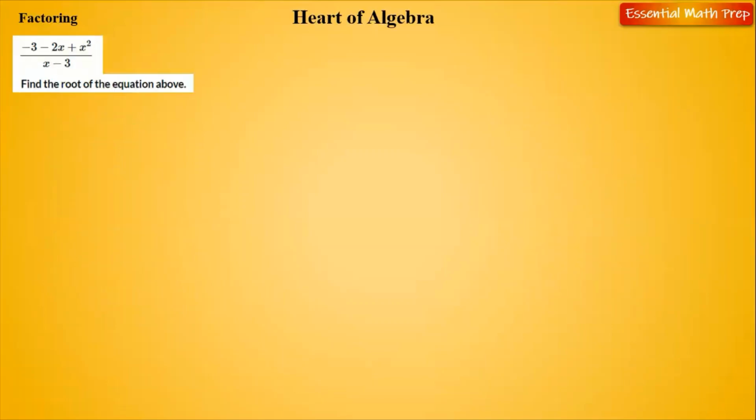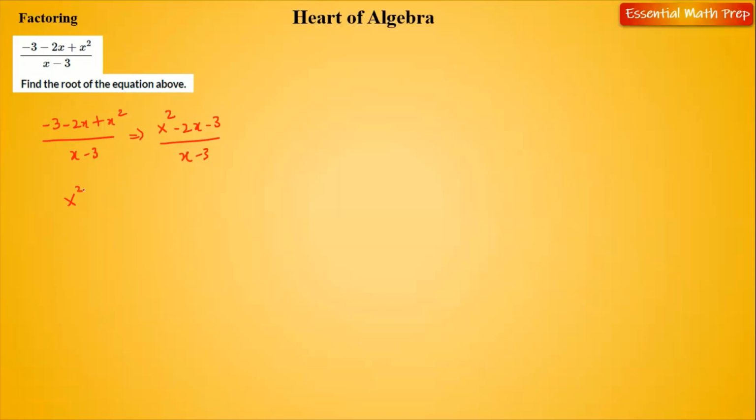All right, find the roots of the equation above. So here's the equation, over x minus 3. Now it's best you write this equation as x squared minus 2x minus 3 over x minus 3. For some of you, just writing it the correct way could actually help alleviate the problem.